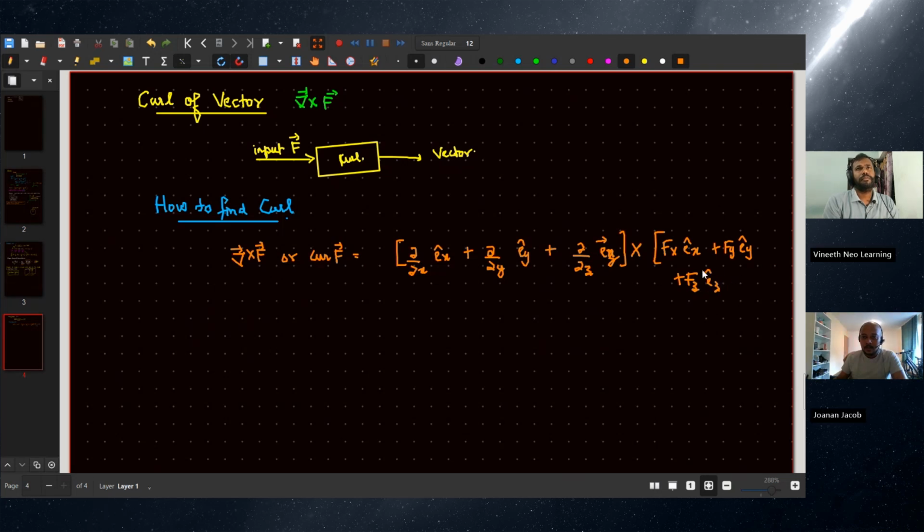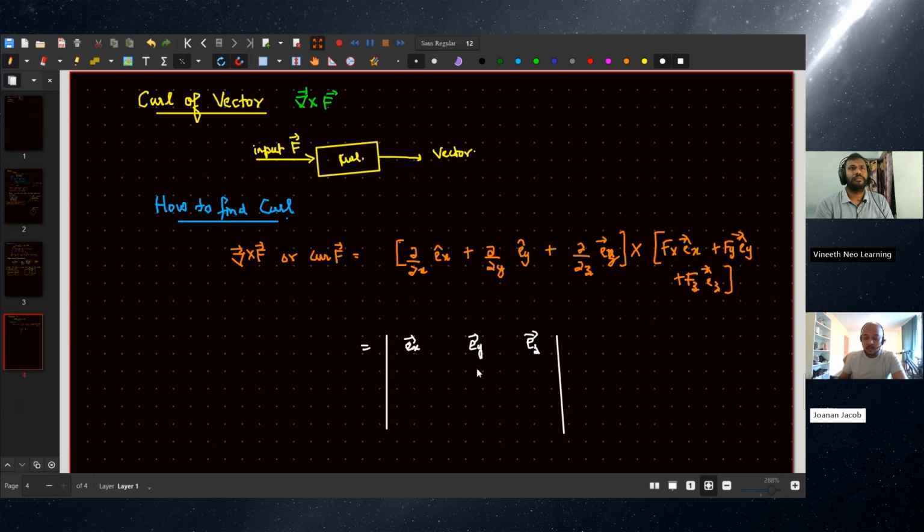The simplest way of doing this is actually using a determinant. The easiest way is using a determinant. You will take ex, ey, and ez here.